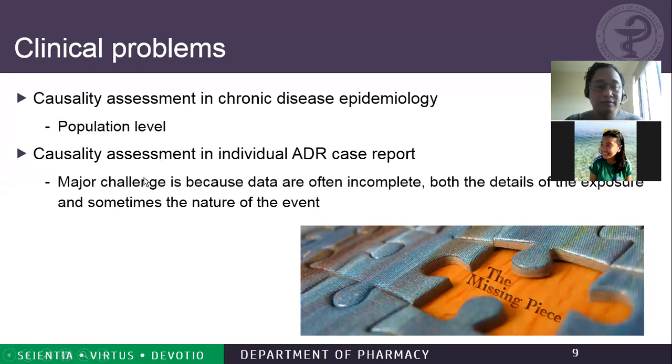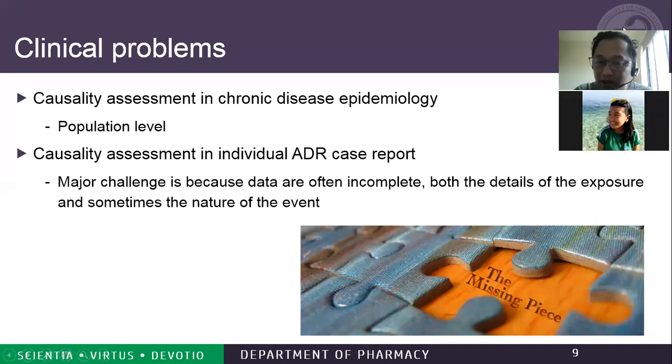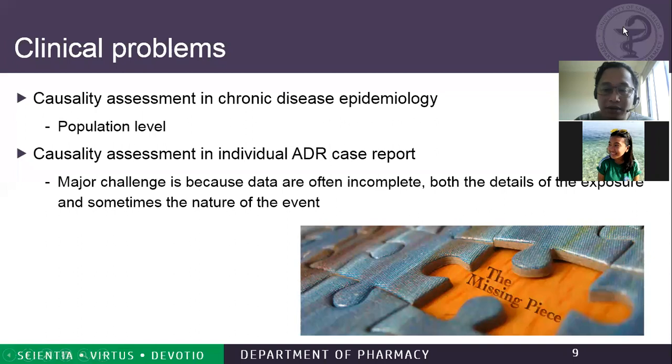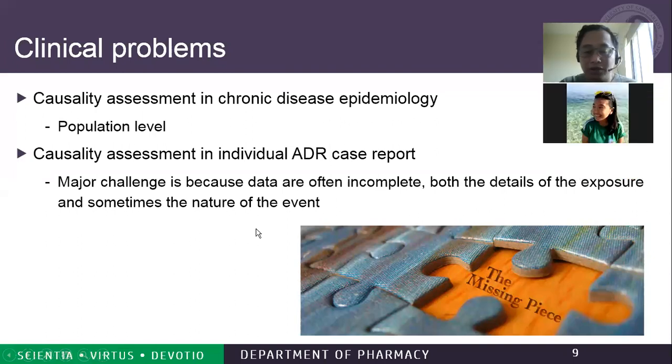Usually, the major challenge is that the data are incomplete, both the details of exposure and sometimes the nature of the event. For example, we usually do not have the baseline clinical laboratory data for patients who already have the events, when they are already being admitted to a hospital.